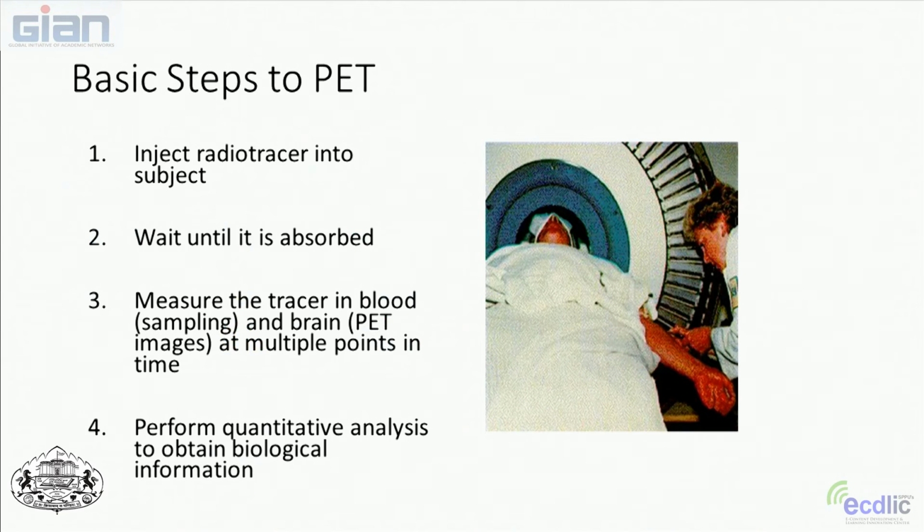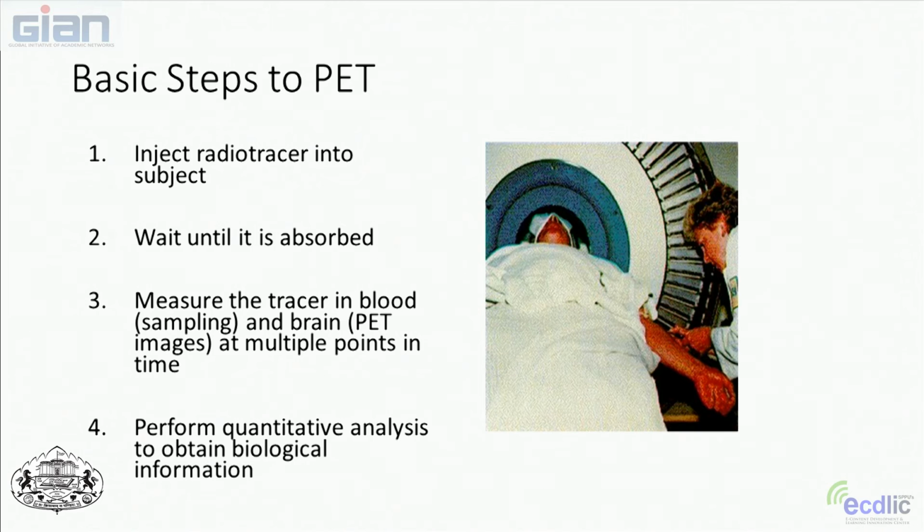So the basic steps are: you inject a radio tracer into a subject. You have to wait until this radio tracer is absorbed, and some tracers take longer than others. You measure the tracer in the blood and brain at the same time, and then you perform a quantitative analysis to obtain biological data. So this quantitative analysis is not done in the case of every PET scan.